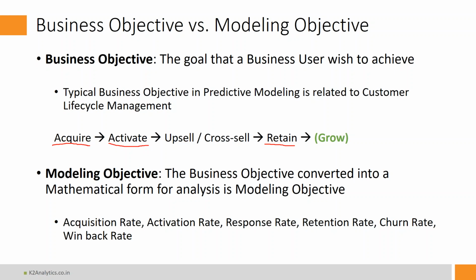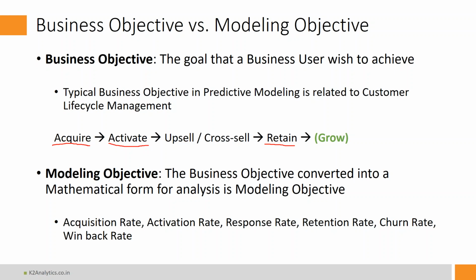Absence of usage completely, or absence of usage partially, because both lead to a drop in ARPU, average revenue per user. That's how you may have to define churn. The moment you get a business problem statement, the first step is to convert it into a modeling problem statement, and when you do that, you have to be very clear how you define churn.